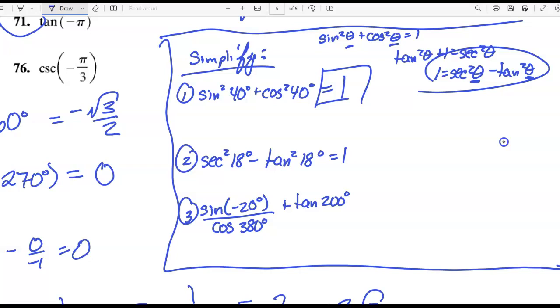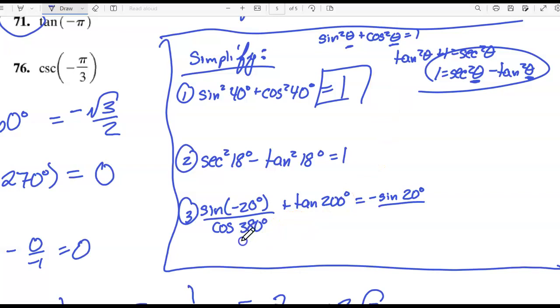So now let's look at that last one. And this is going to use some period properties as well. So first off, we know that sine is an odd function, right? Which means I could rewrite this as negative sine of 20 degrees.